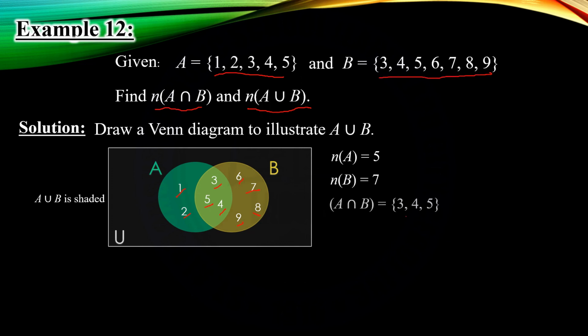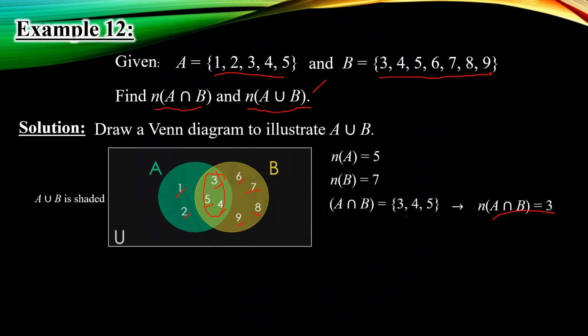Again, the elements of set A intersection set B are 3, 4, and 5. Therefore, the cardinality of set A intersection set B is equal to 3 as our answer. So, are we done here? Not yet, because again, we are asked to find the cardinality of A union B.